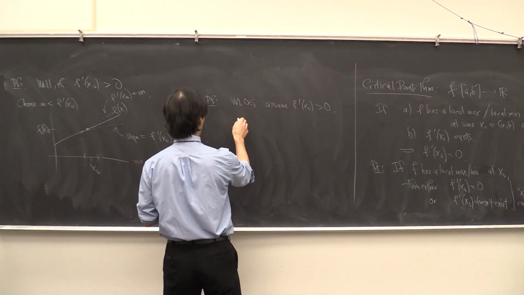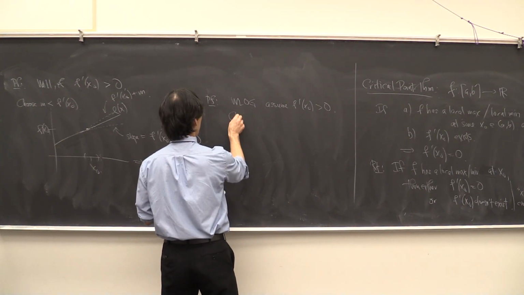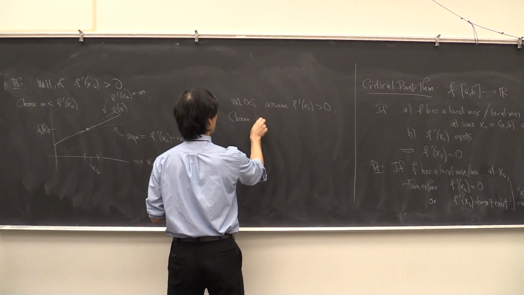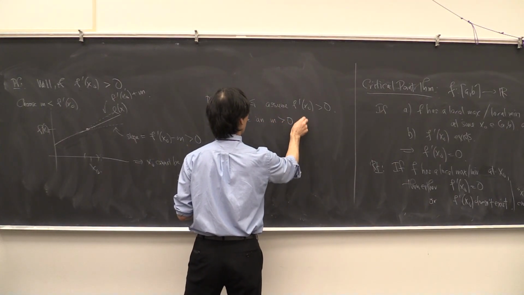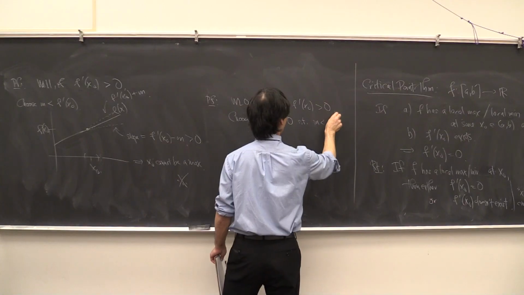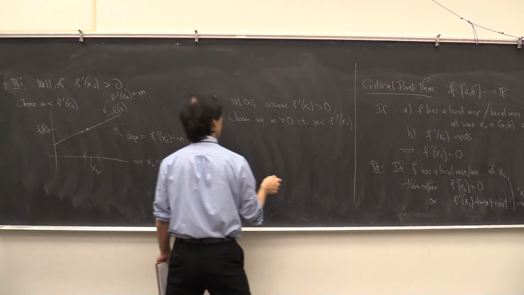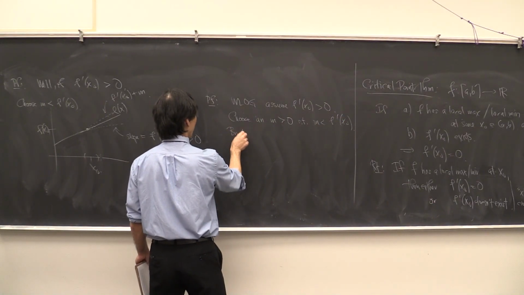Okay. So choose an m such that m is smaller than f prime x naught.